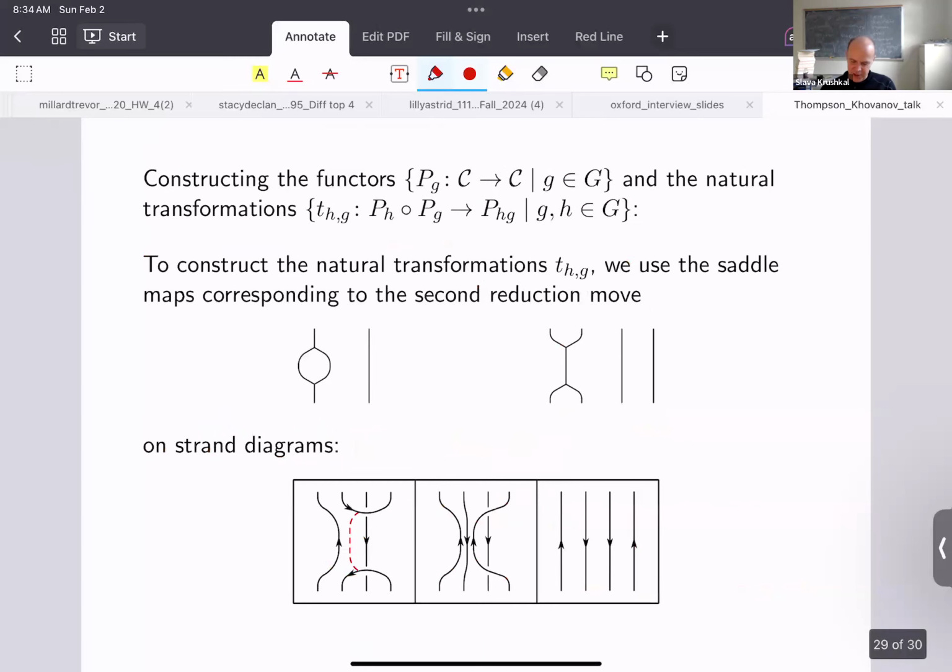All right, so now how do we construct the natural transformations that correspond to multiplication in the Thompson group? And this is also an illustration of the reason that this group action is lax as opposed to genuine. So in Khovanov's case, he worked with braid group elements.